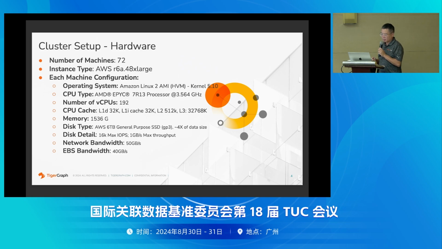The CPU is AMD EPYC at 3.5 gigahertz, and each machine has 192 cores and 1.5 terabytes of memory, and the rest is the standard configuration for this particular AWS machine.